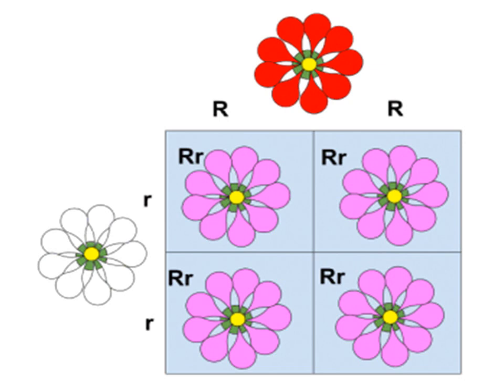Example, we have here a red flower crossed with a white flower. Genotypes for red is big R, big R. Genotypes for white, small r, small r. We're going to cross them. It will result to big R, small r, big R, small r, big R, small r, big R, small r.